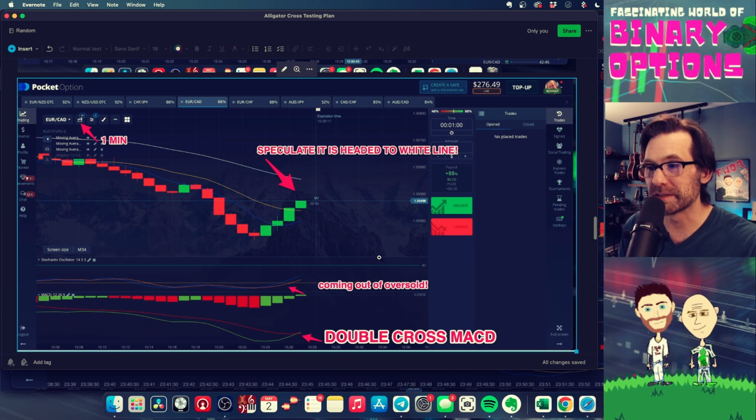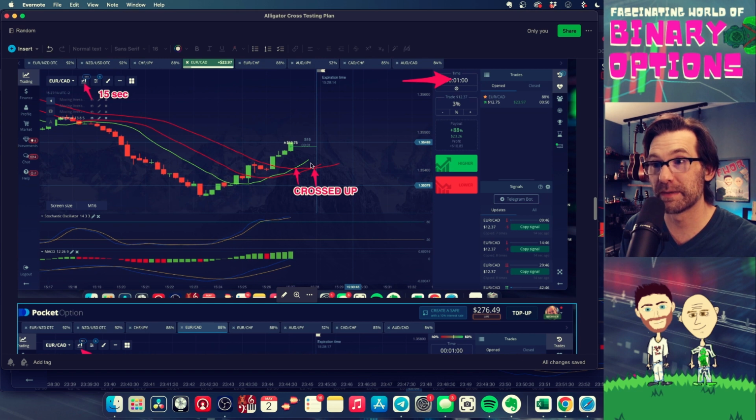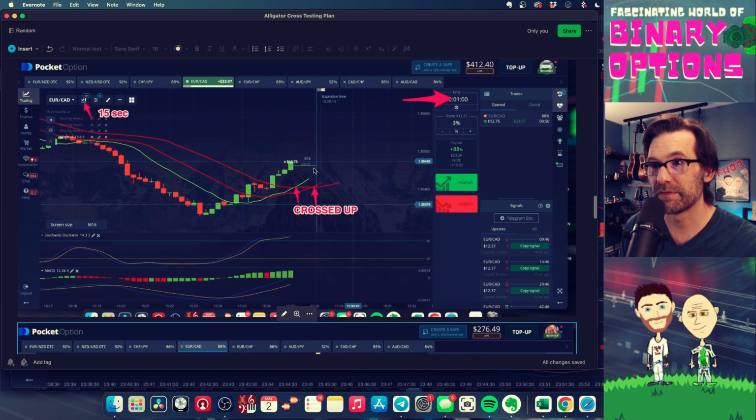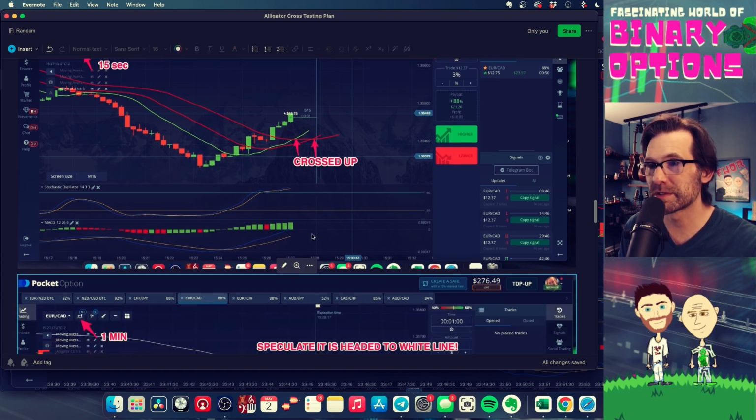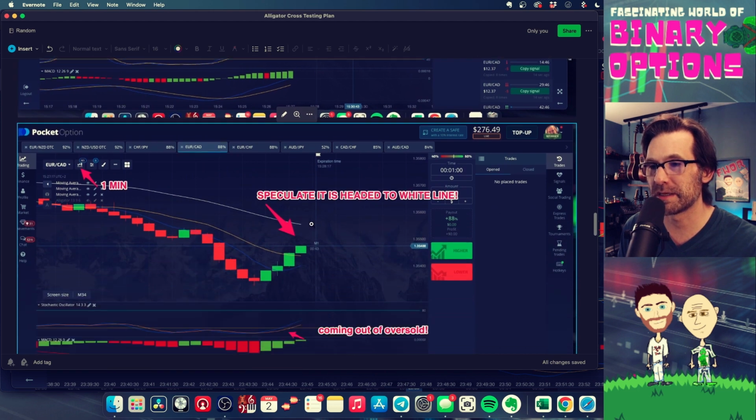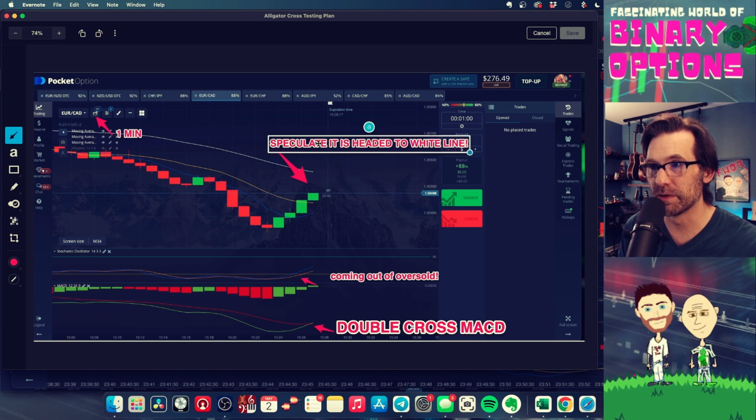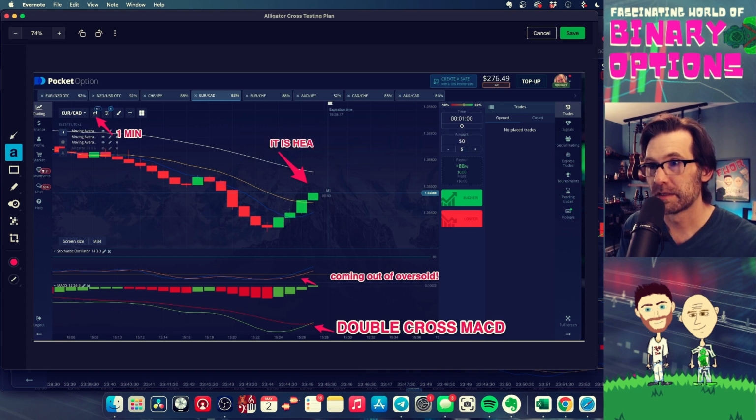If it double crosses on the MACD and it comes out of a cross up or a cross down in the same direction in the 15-second alligator, I can't say 100% it wins, but it's a massive scenario to win, okay? We're speculating that there's room, but there really is room. It is headed, let's just say, to the white line. And that's when I took my call.